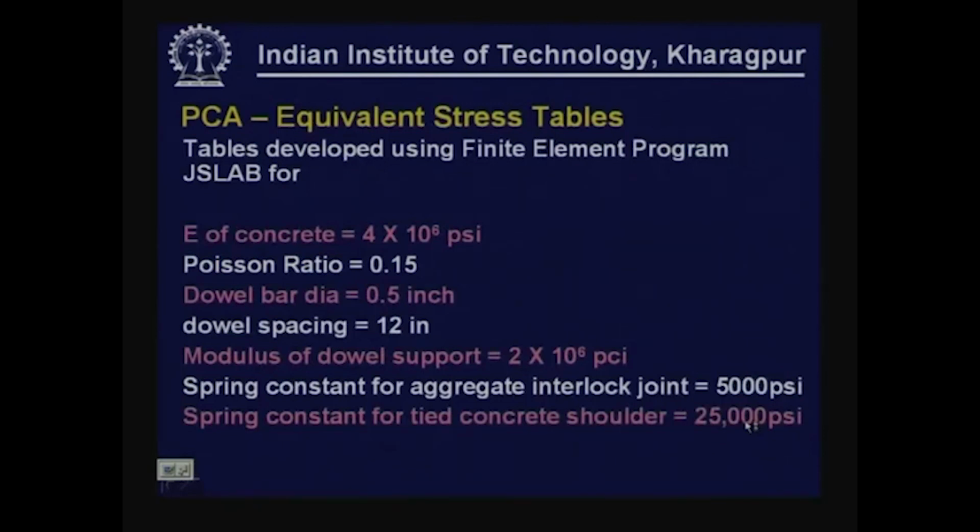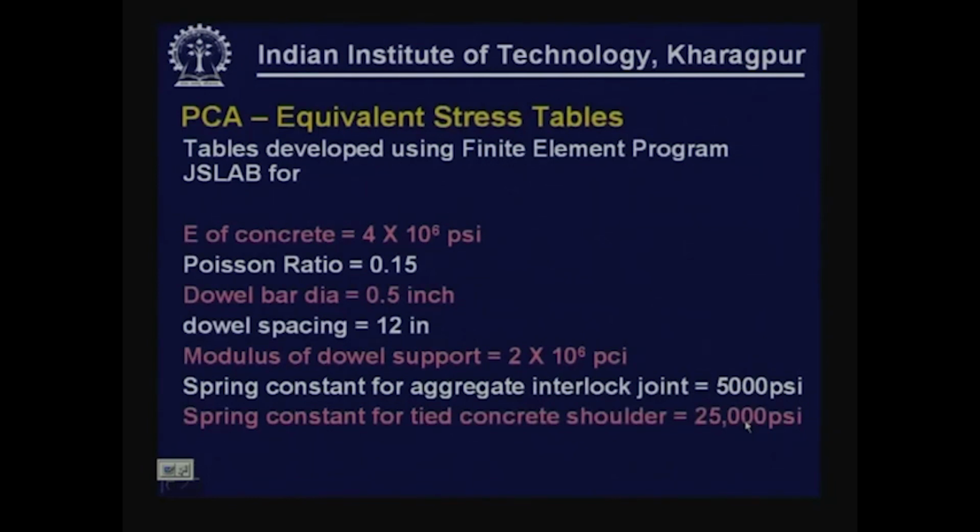These stress analysis tables were developed using a finite element program, JSLAB, for the following data. Modulus value of concrete was considered to be 4 into 10 to the power of 6 psi. Poisson ratio is taken as 0.15. Dowel bars were considered. The dowel bar diameter was taken as 0.5 inches. The dowel spacing was 12 inches.